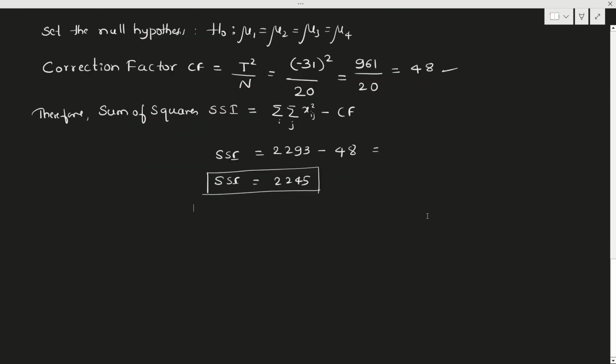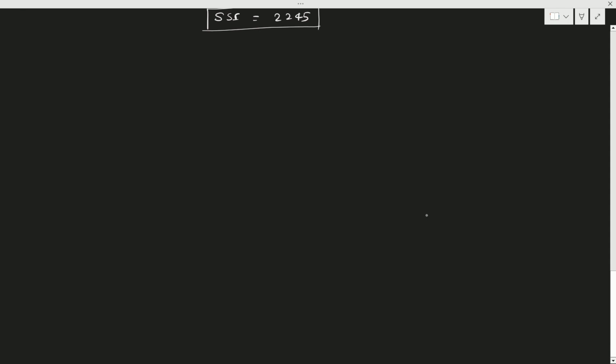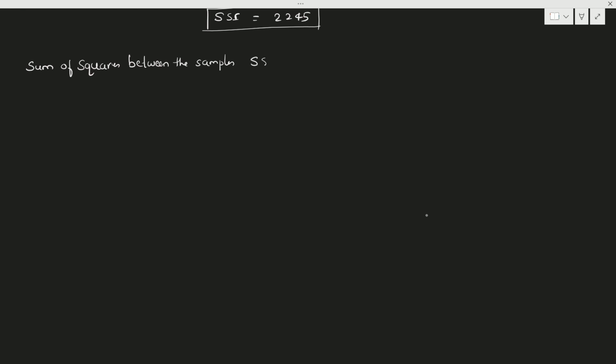Total sum of squares. Next is the sum of squares between the samples, or you can say treatments. It is SSB, which is equal to the summation over i of Ti square divided by Ni, minus the correction factor.